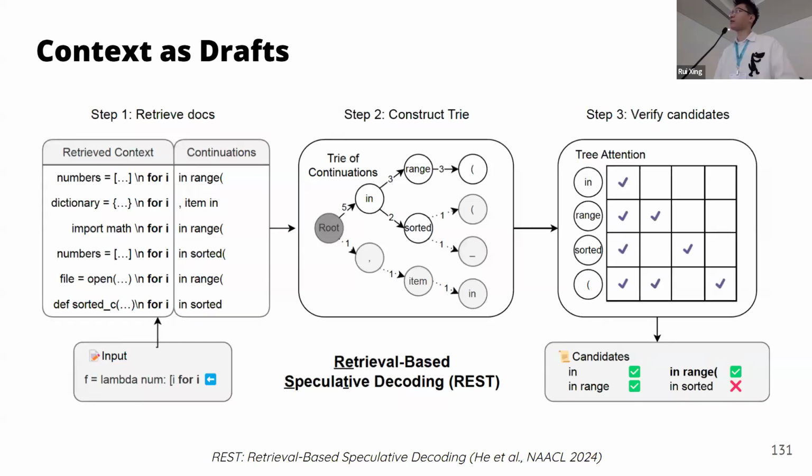And REST just builds a large corpus from some training data or from an open source corpus. And once we have this corpus, we do some retrieval, find some matched prefix from the retrieval corpus, and then directly utilize them as a draft. So in this way, the drafting latency in this process is the retrieval latency, right? Because you do not have extra parameters. You do not need to do drafting decoding, you just do retrieval.